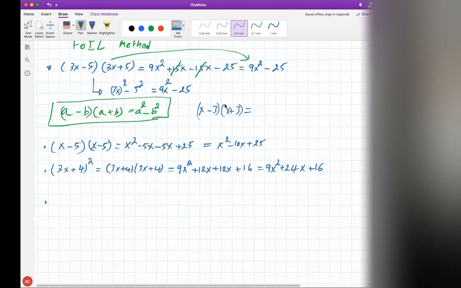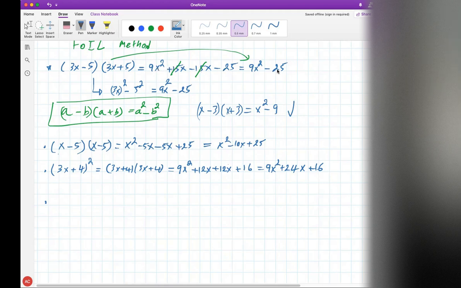Everybody, what is that equal to? Just apply this formula. x squared and 3 squared, with the minus sign in between. That's right. So x squared minus 3 squared, which is 9. So just take the first one, square it, minus the second one also squared. That's it. That's done in one step.